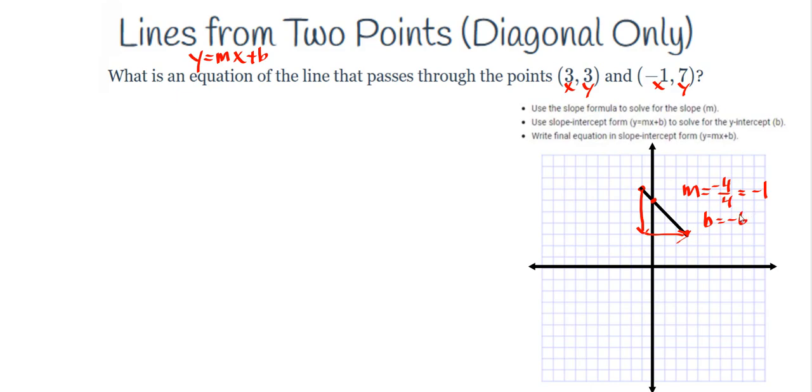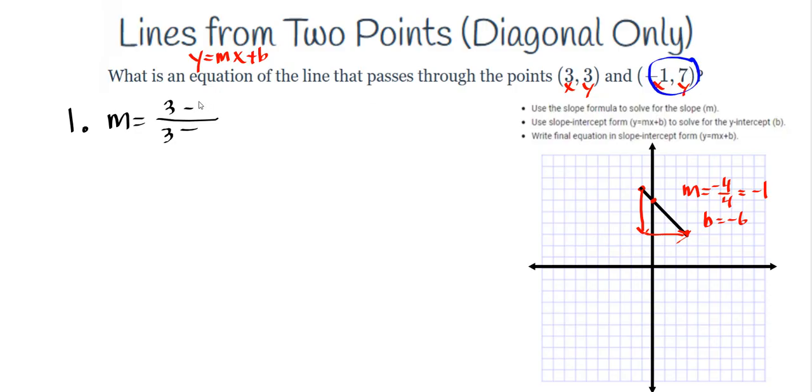Now the way that we'll solve it algebraically, because graph paper is not as efficient, is we're going to use the slope formula to find our slope. So step 1, we're going to find our m by using the formula for slope. I'm going to put (3, 3) in the first spot, and then let's use blue for this one, I'm going to put this in my second spot.